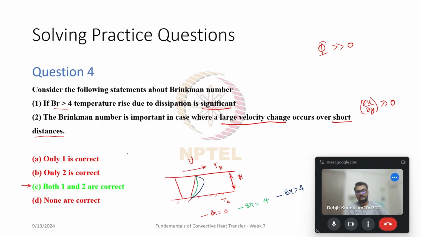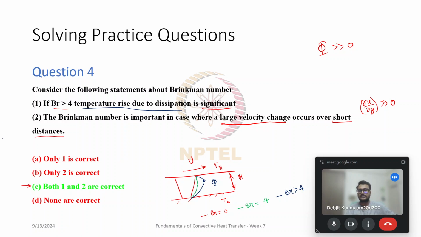So we can see that here, due to viscous dissipation, there is a higher temperature at this point within the flow, which is created due to the shear stresses and friction, allowing the kinetic energy of the fluid to get converted into thermal energy, and as a result increasing the temperature of the fluid even above the higher of the two temperatures of the walls, that is Th. So this is when the temperature rise due to dissipation becomes really significant.